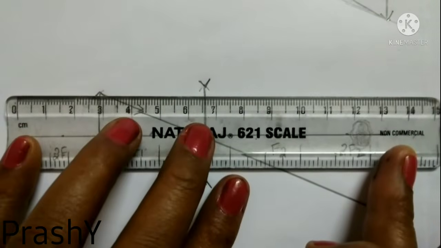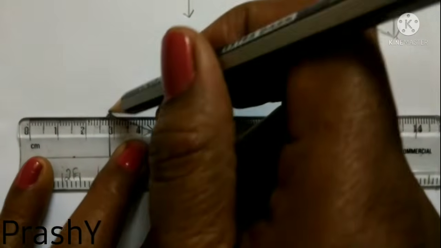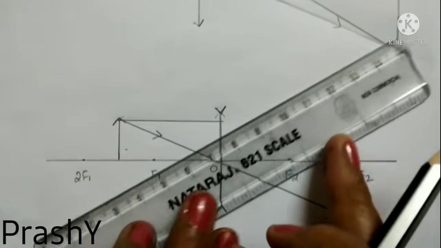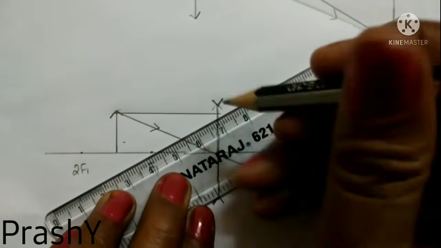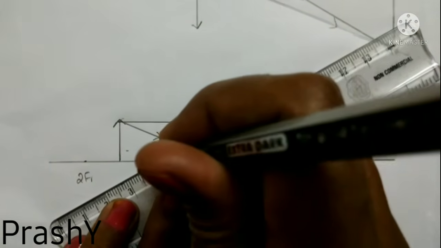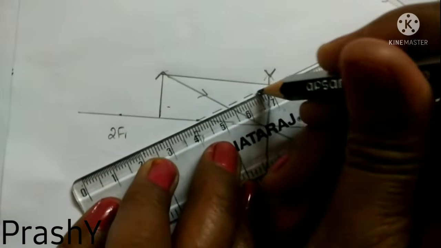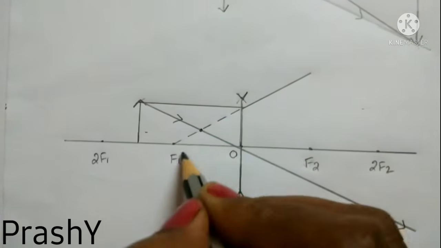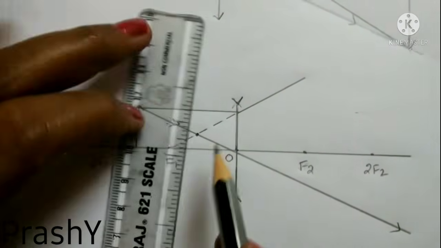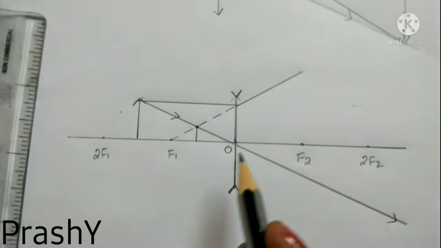Again another ray I am taking parallel to the principal axis. So parallel to the principal axis, because this is a diverging lens, the ray gets diverged, and on extending towards the focus, I have got a point of intersection between F1 and O. So here I am getting the image.